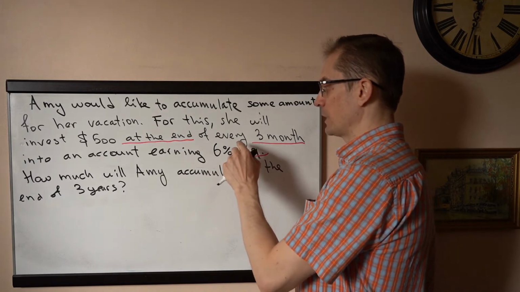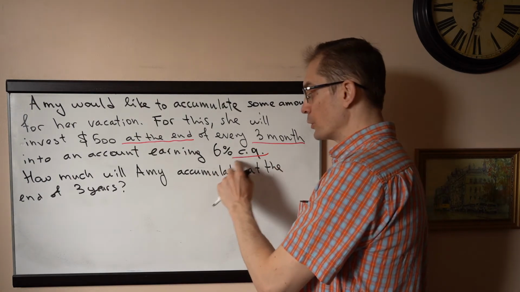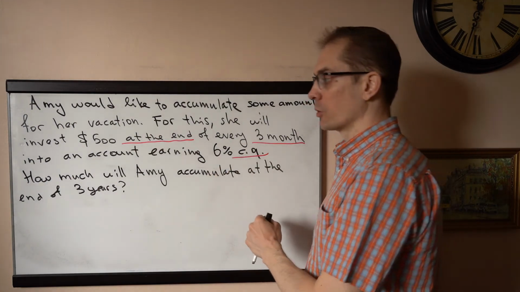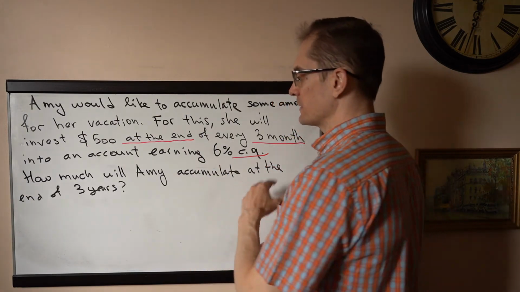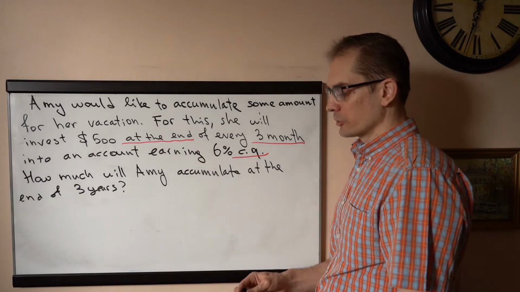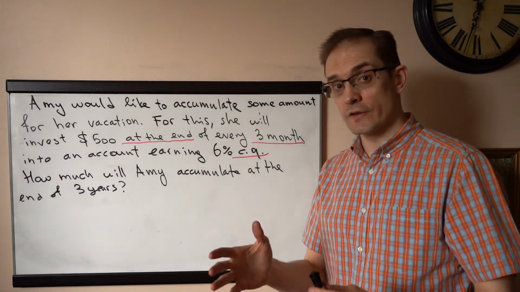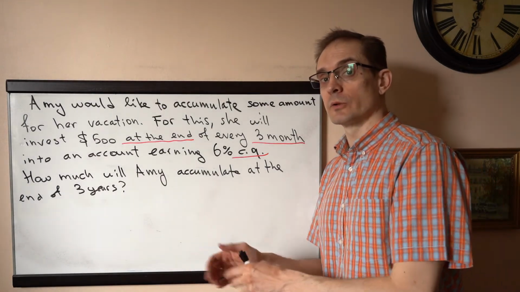So now we have payments which are made at the end of every quarter, and the rate which is compounded every quarter. As a result, this annuity is simple. So this is an example of an ordinary simple annuity. So we can use our future value formula, because that's an ordinary simple annuity, and we can use that formula directly.